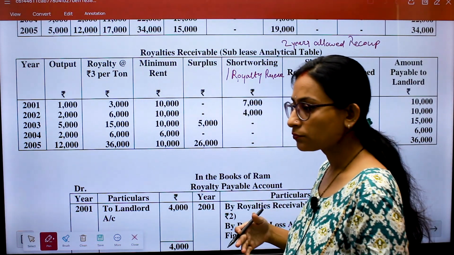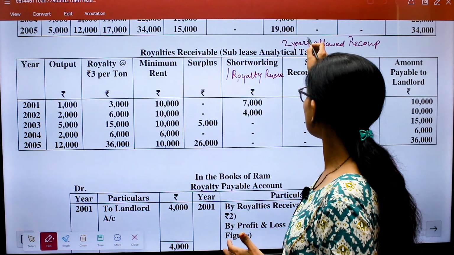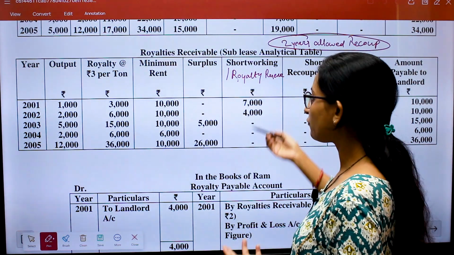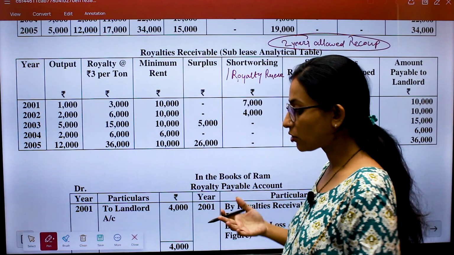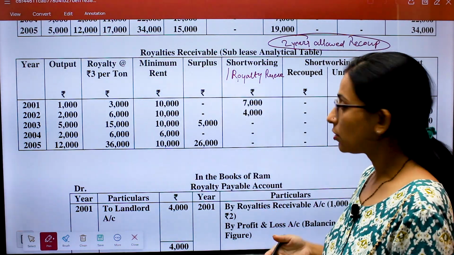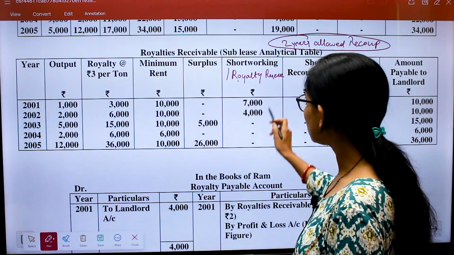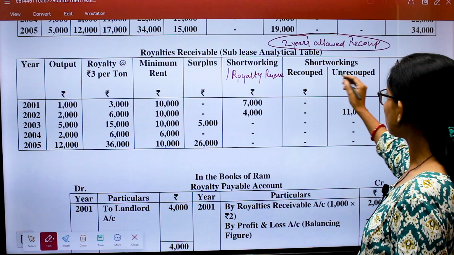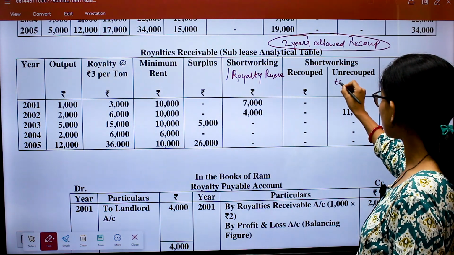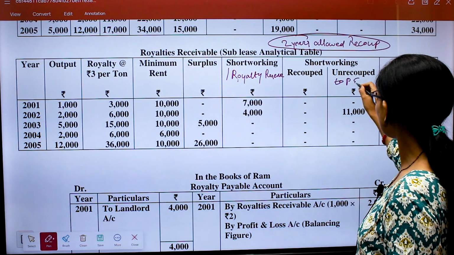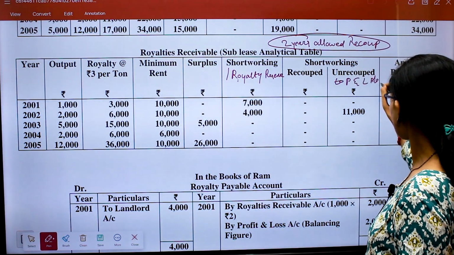So now the period of recoupment has finished. He doesn't have the option to recoup, because only 2 years are allowed and there is no surplus in these 2 years. So this 11,000 amount will be transferred to the P&L. Whatever short working he is not able to recoup, he will transfer to the P&L account. Okay.